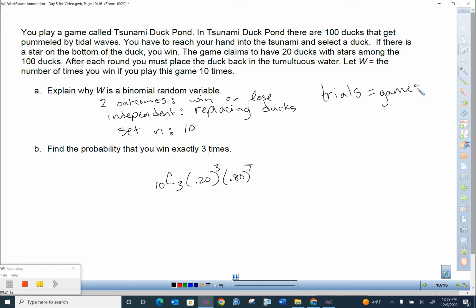And replacing the ducks means you have the same 100, meaning you still have 20 over 100 being our probability of success, or 0.2. So then 10 total games we're playing, and we wanted 3 of them to be winners. So probability of winning to the power of that 3. And then leftovers, just 1 minus that, raised to the rest of the numbers that would get you to 10.